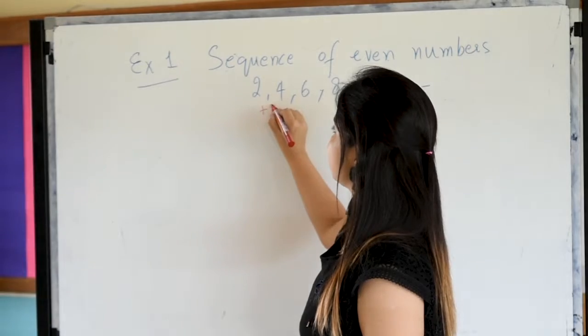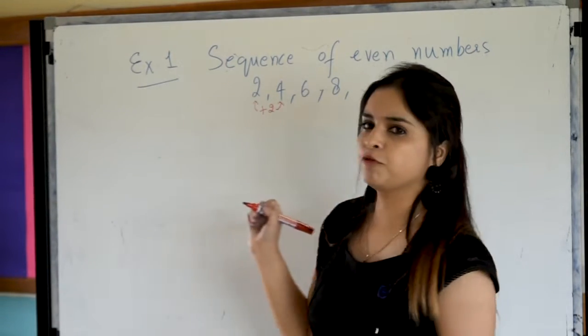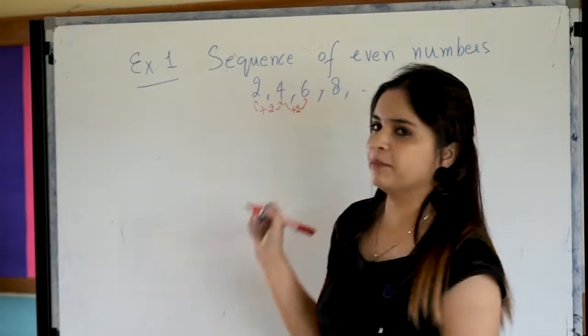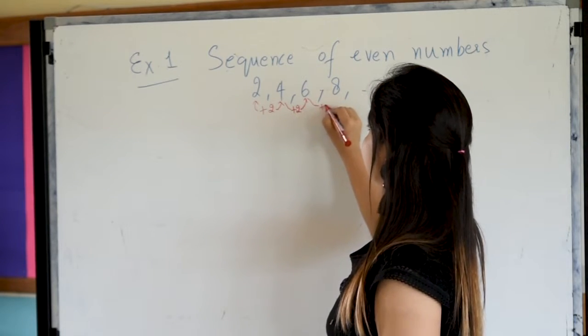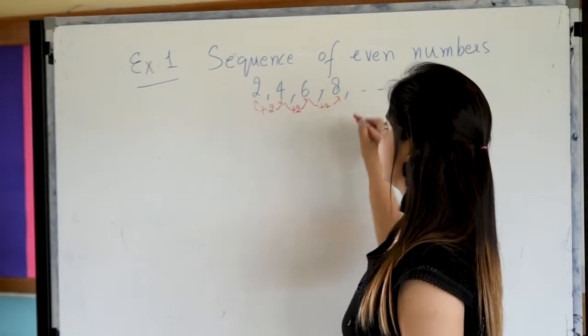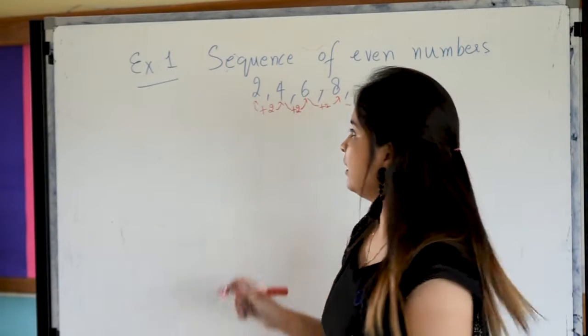When you add 2 to the first number, the second number is 4. Again, when you add 2 to the second number, third number is 6. When you add 2 to the third number, fourth number is 8 and so on. So they follow a particular pattern.